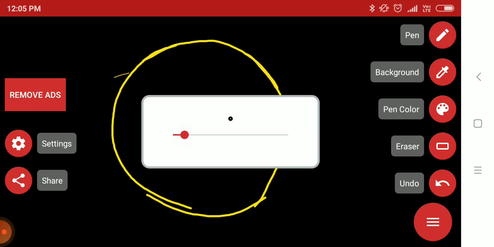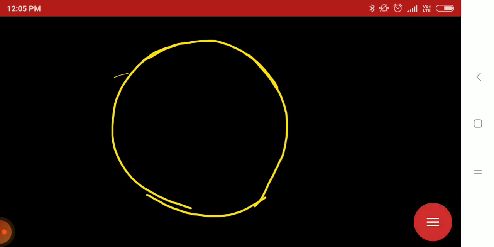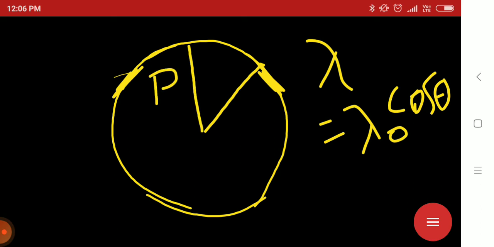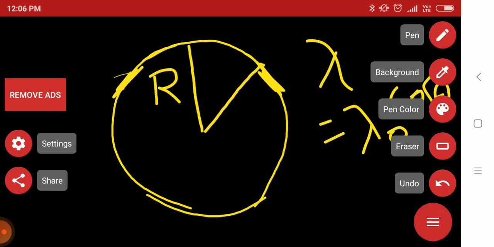We will take a small line element dq, that is lambda dl, where the linear charge density is lambda equals lambda 0 cos theta. Here I am considering a small element, at a distance of radius r.